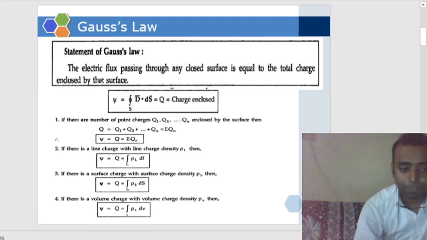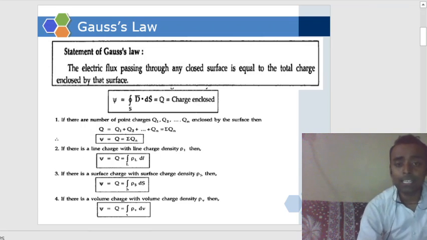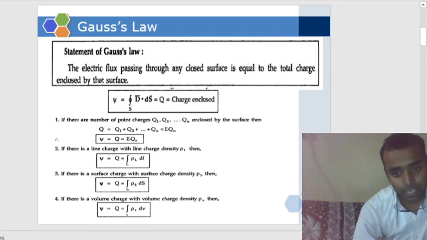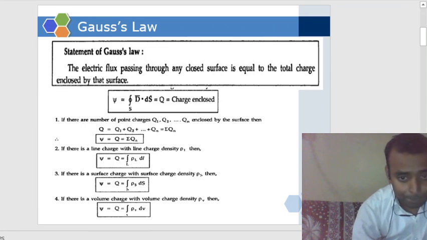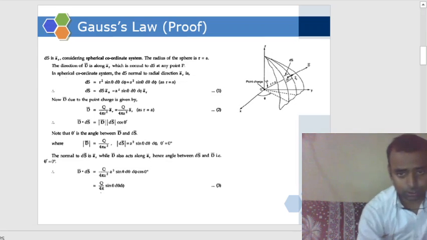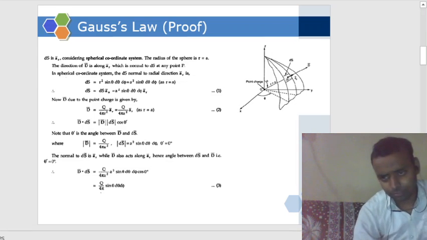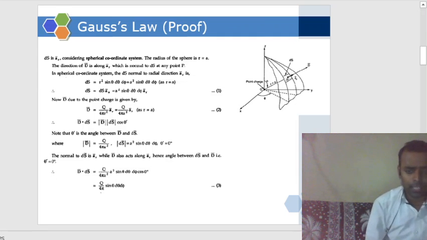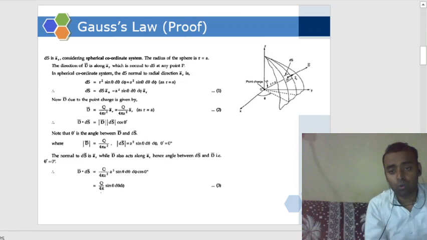So that will be the Gauss law. We'll see how we can prove this Gauss law. We will take a point charge, and as I said in the last lecture also, what we need is a closed surface.